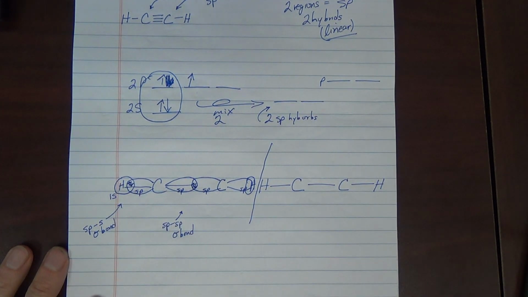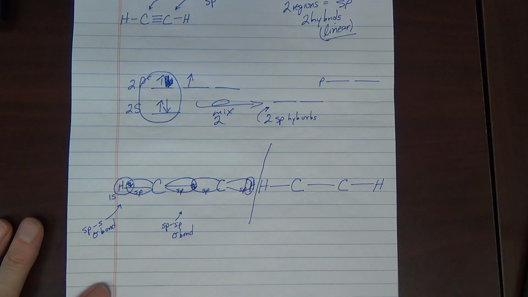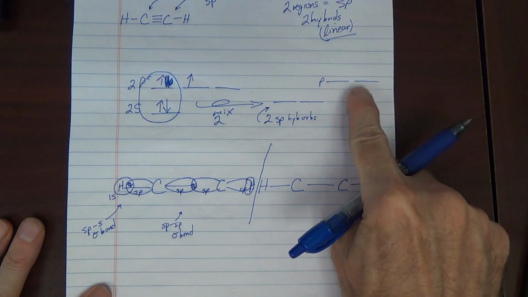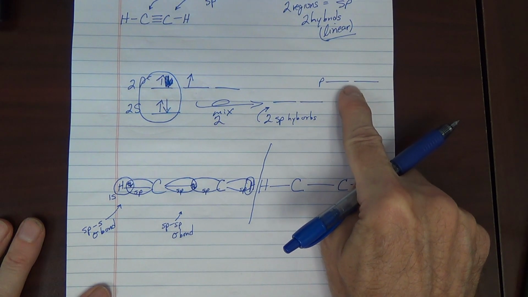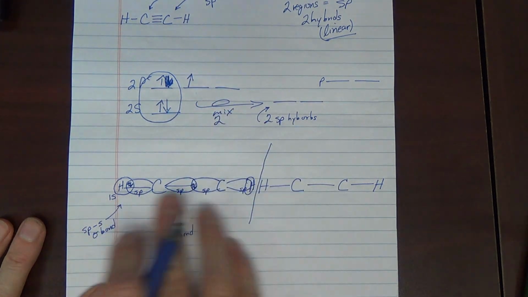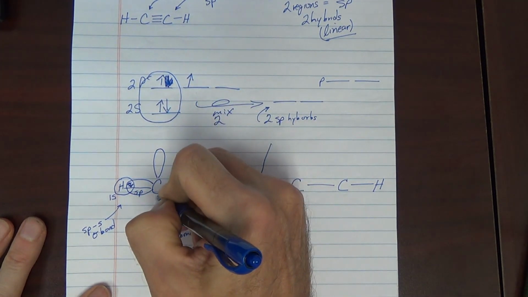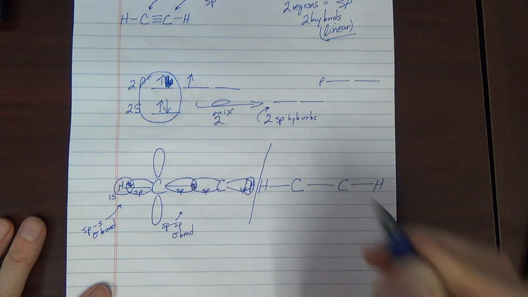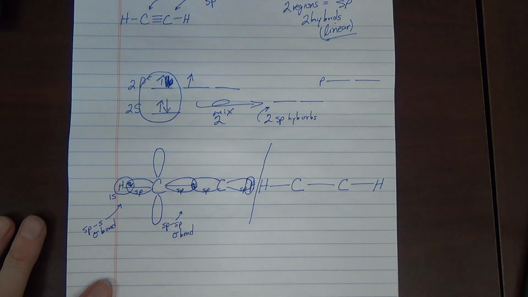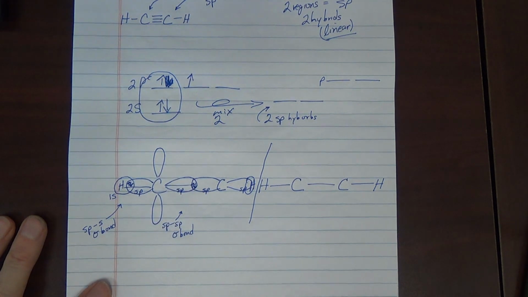Same as over here. But what else is on this carbon? Not one, but two p orbitals. The first one is in the plane of these. I tried to make it a little larger, a little longer than the hybrid.